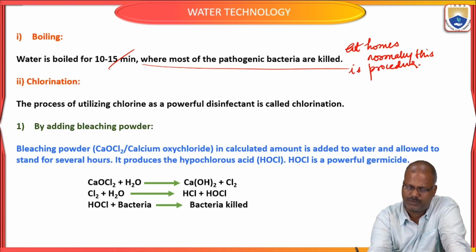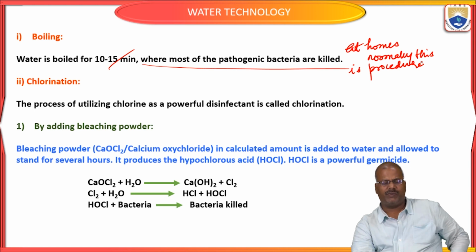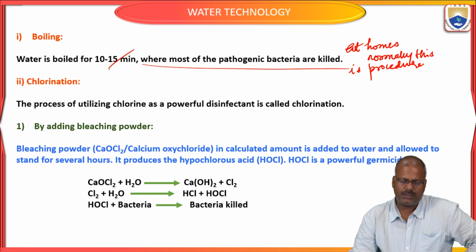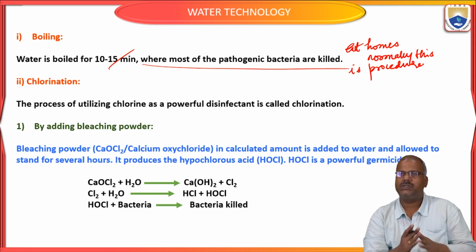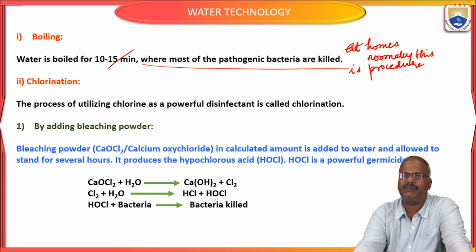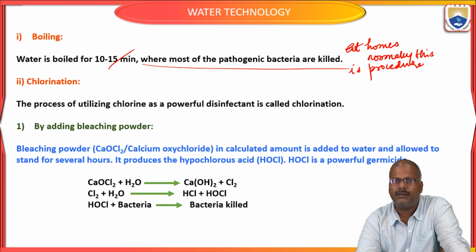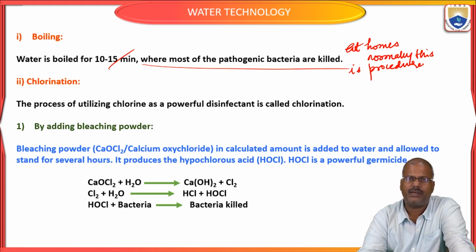Sometimes we use it at home as a procedure when we are not well. But for a township, we cannot do this. So we need some chemicals directly added to the water to make it sterilized.